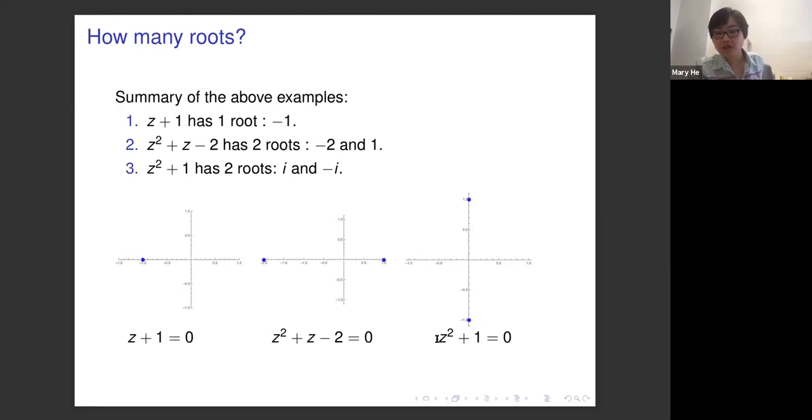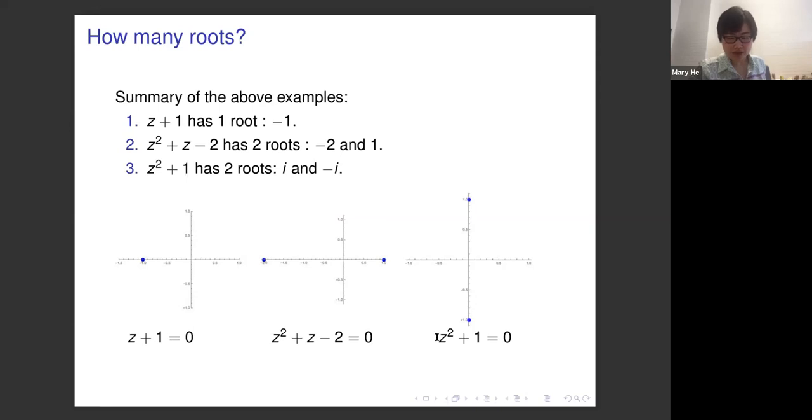The interesting thing is the third example, where we have z squared plus 1. The coefficients of our polynomial are 1, 0, 1. The coefficient for z squared equals 1, there's no z, so the coefficient for z is 0, and the coefficient for the constant term is 1.